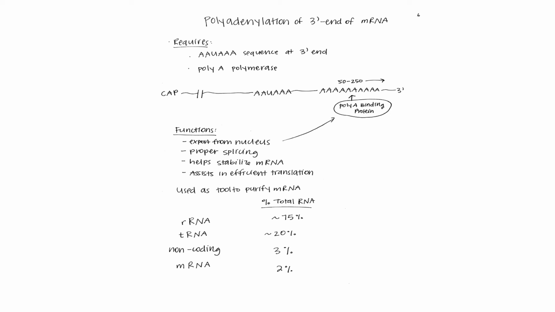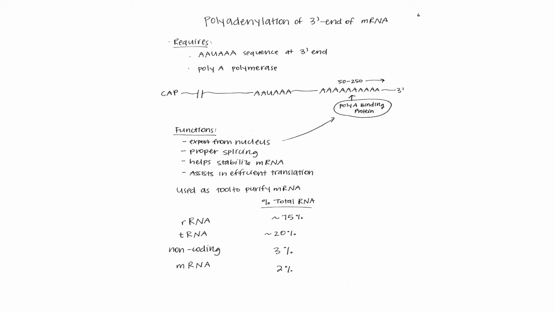Around 3% is non-coding, some of these long non-coding RNAs, also the microRNAs that I talked a little bit about, I'll talk more later. Messenger RNA is only 2%. So 98% of the RNA is something else. So if you're interested in studying messenger RNA, it's going to be swamped out by everything else that's in there.